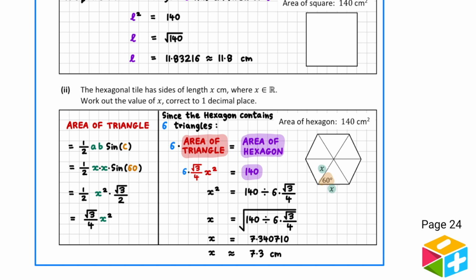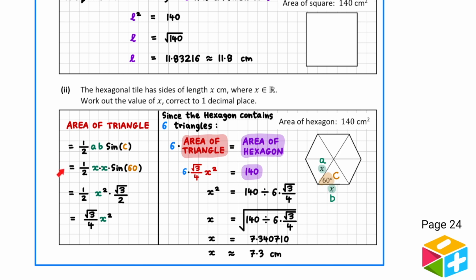In the label diagram we've been given, we have 2 sides and the angle in between. To use our formula, we can let A be equal to X, B be equal to X, and C be equal to 60 degrees.